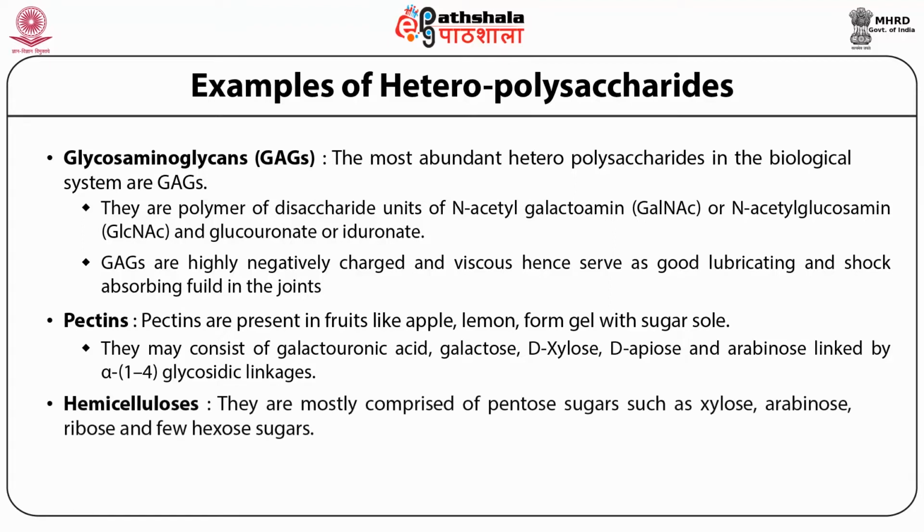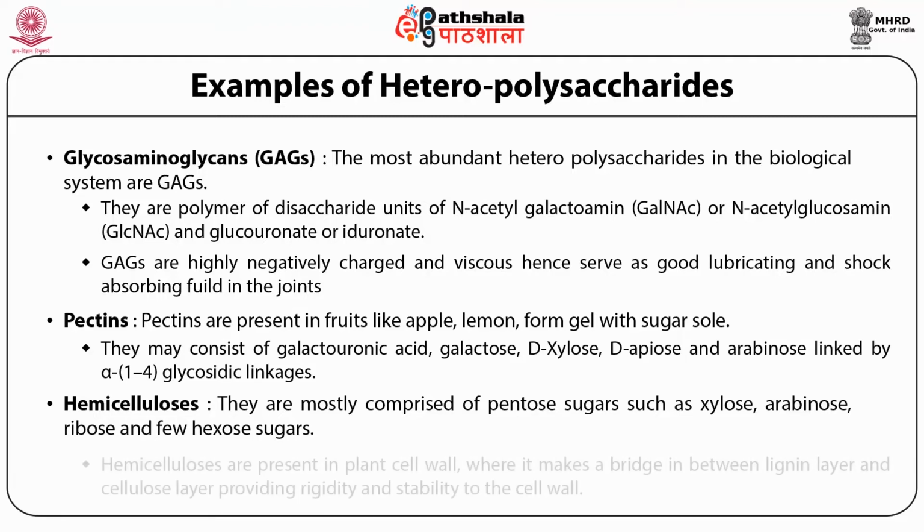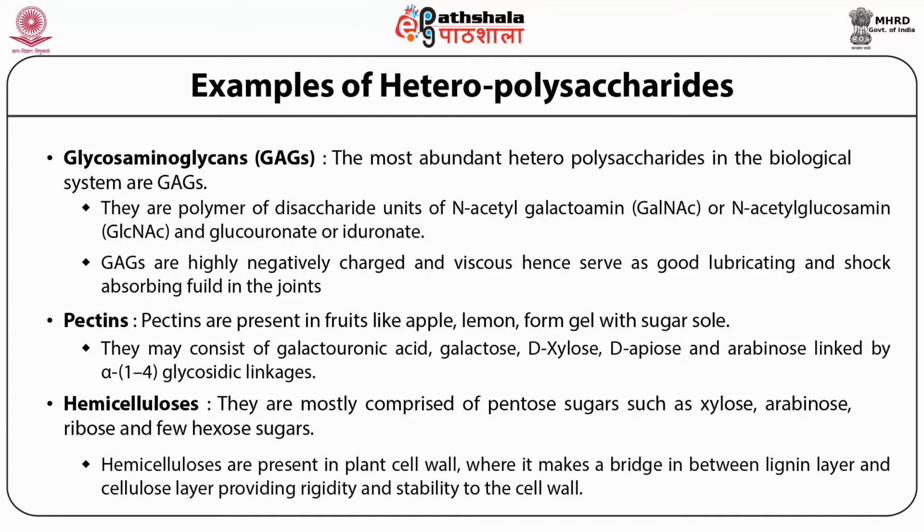Whereas hemicelluloses are mostly comprised of pentose sugars such as xylose, arabinose, ribose and a few hexose sugars also. Hemicelluloses are present in the plant cell wall, where they make a bridge between the lignin layer and the cellulose layer, providing rigidity and stability to the cell wall.